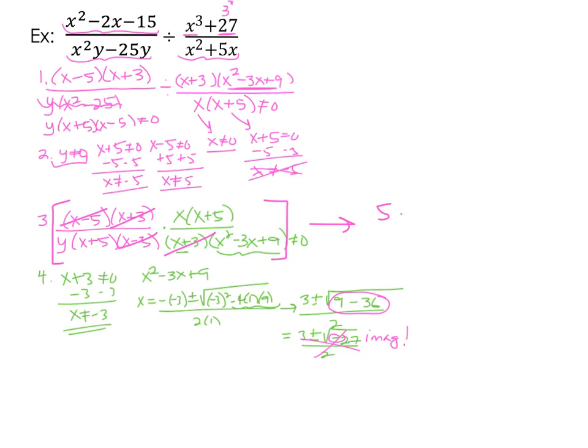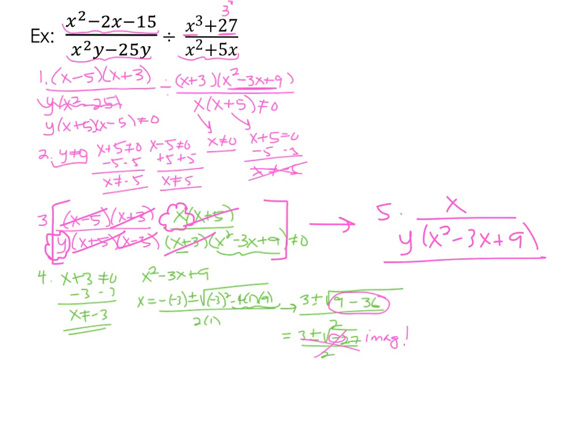I don't have any plain x's on top and bottom, but I do have an x plus 5. We actually got quite a few things to cancel out, which is nice. All we have left over in the numerator for this new quotient is x. In the denominator, I see that y on that left-hand side. Don't forget that one. And then x squared minus 3x plus 9. So we did get this to simplify down to a pretty small quotient in the final answer.